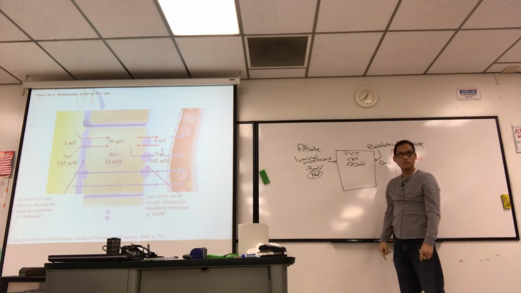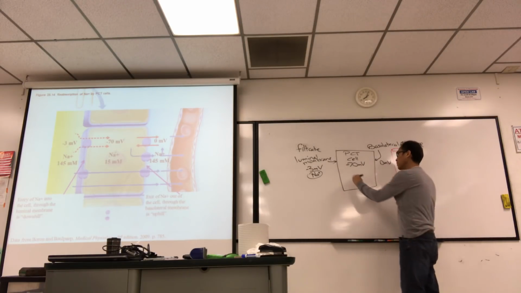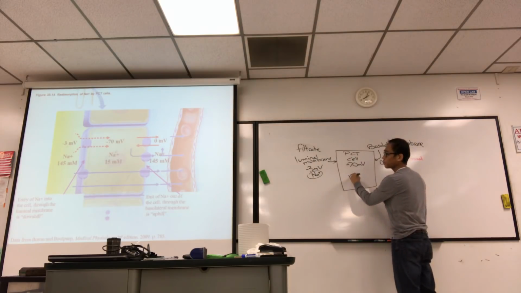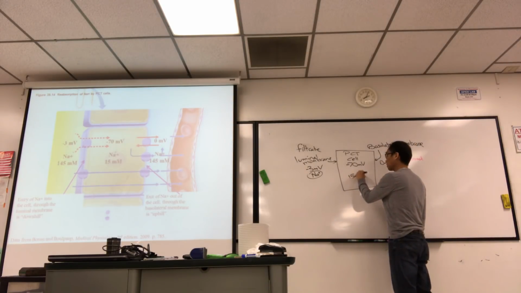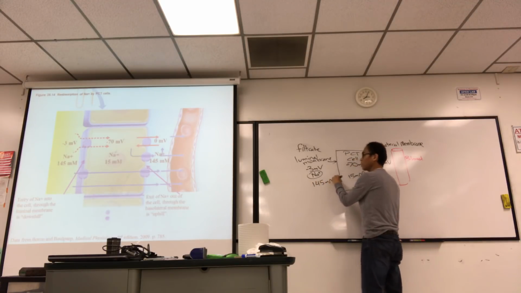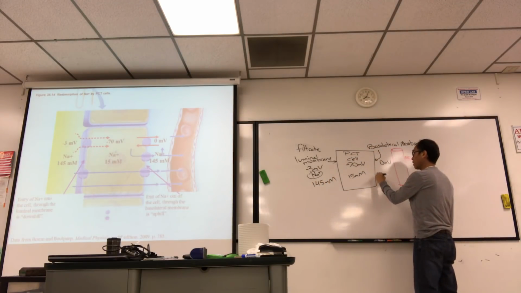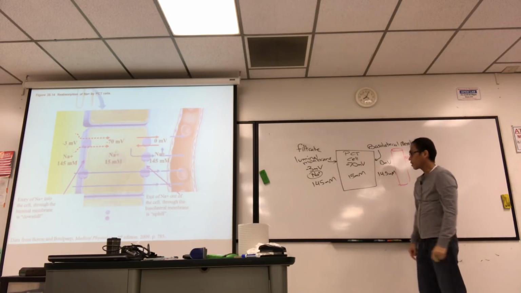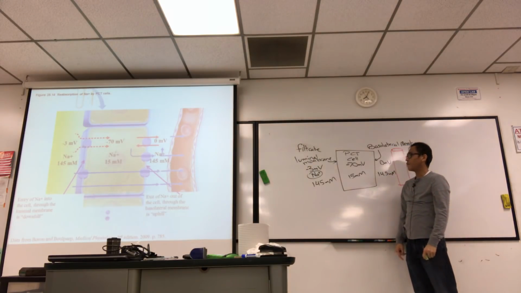Also consider the concentration gradient. 15 inside, 145 outside. The concentration gradient also favors diffusion into the cell, where it's high to low.